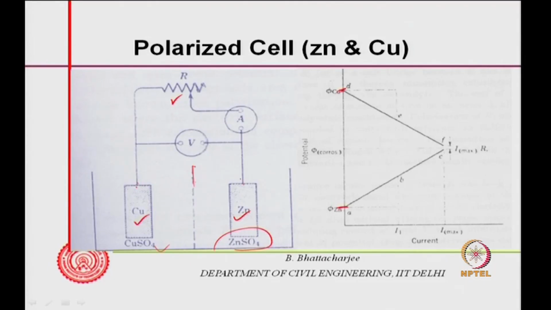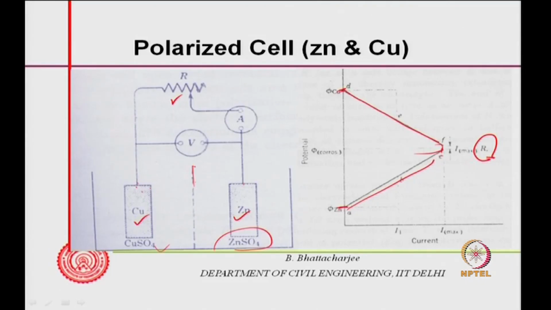When I have measured them with respect to some standard reference electrode and put them here, when I have connected them, then the potential difference between them will change, and it will become IR, the current passing through them, times R. So, there is a change in the potential, depending upon the R, and this is IR. This is what we call the potential here having got polarized, it has changed.